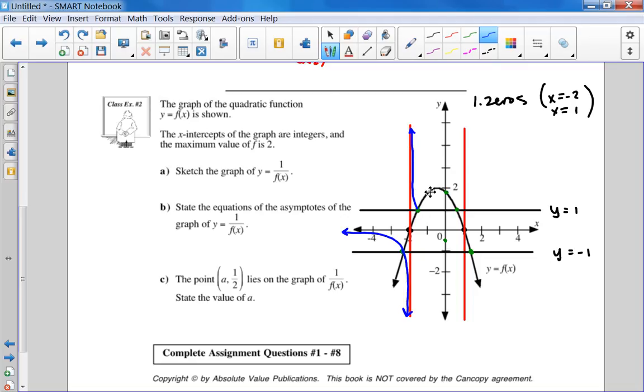Now, for this little hump here, see how these are going up? What's the reciprocal of 2? Half. So we should be going down through here, and we've got to go through that green dot, because that was the reciprocal of the y-intercept. And then we've got to go back up towards this green dot. As we increase towards that green dot, we should be decreasing towards that green dot, and it should be symmetric.